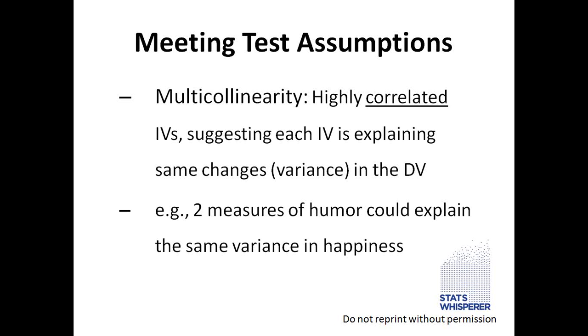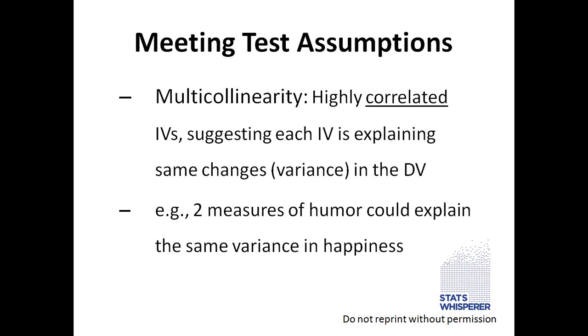Meaning, if the dependent variable is happiness, say we had two measures of humor. One was telling jokes and the other was laughing at jokes. And the two measures were really highly correlated because people that tell jokes also tend to be the people that laugh at jokes, right?